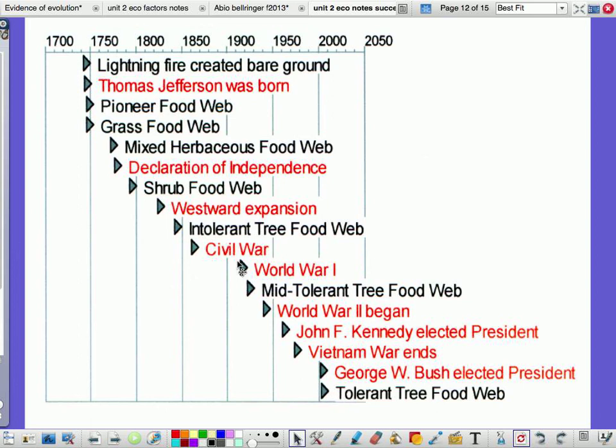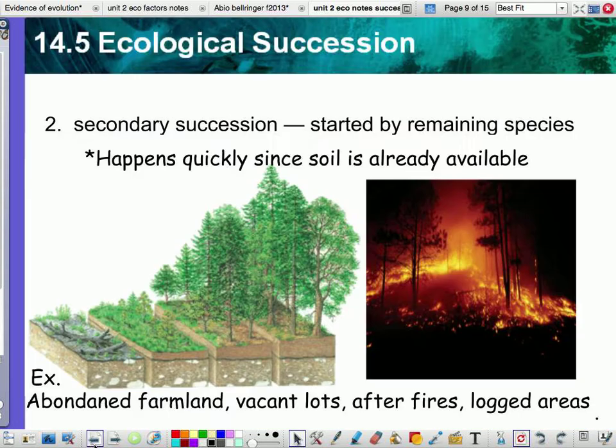It's going to take maybe another 50 years or so to bring it all the way back to a little bit bigger tree, all the way, if you could imagine, to past the year 2000 before you would see a completely restored, mature environment again. We call that the climax community.